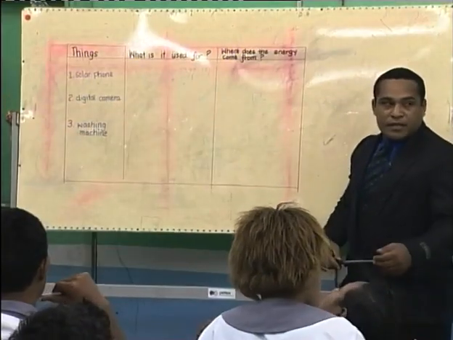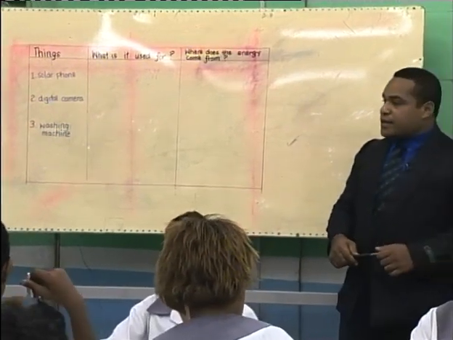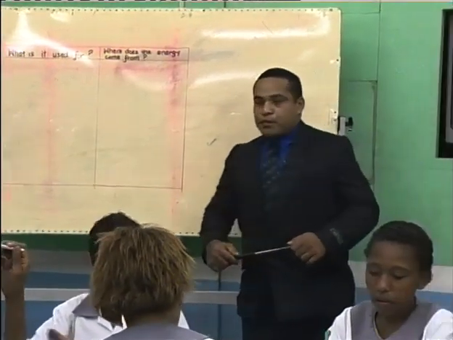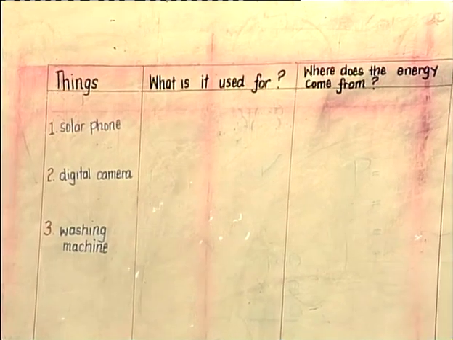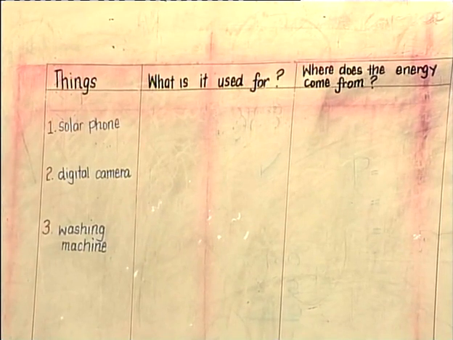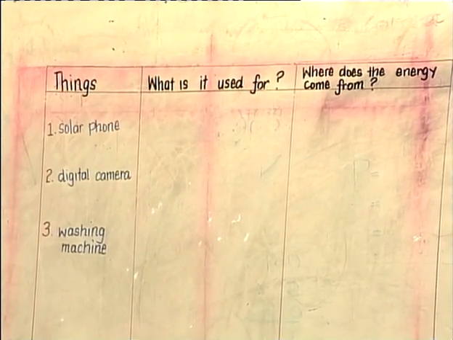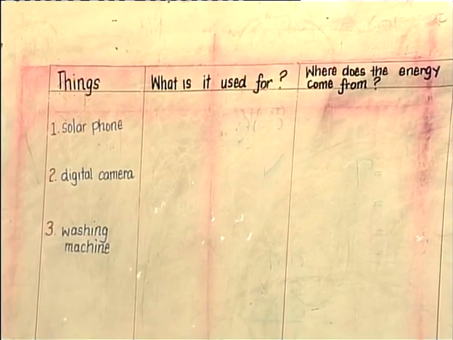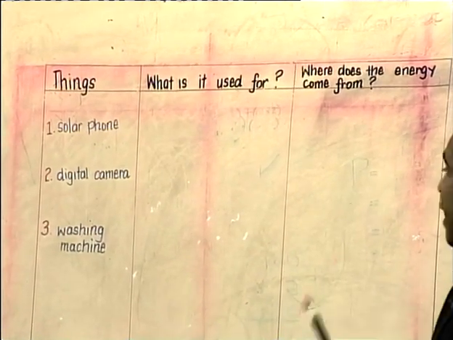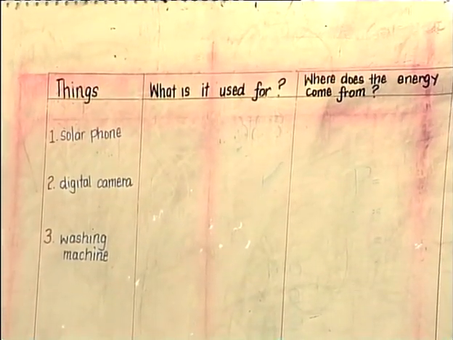I'll give you 3 minutes to discuss, and we'll go through the answers together. I am not asking anyone to write. Receiving students and 6E, you will not write the answers in your exercise books, but you will only discuss with your friends.